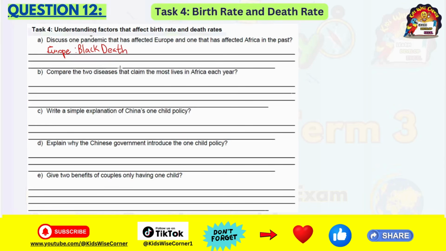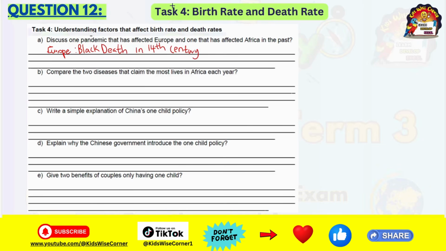And this was in the 14th century. So in Europe, there was Black Death in the 14th century.